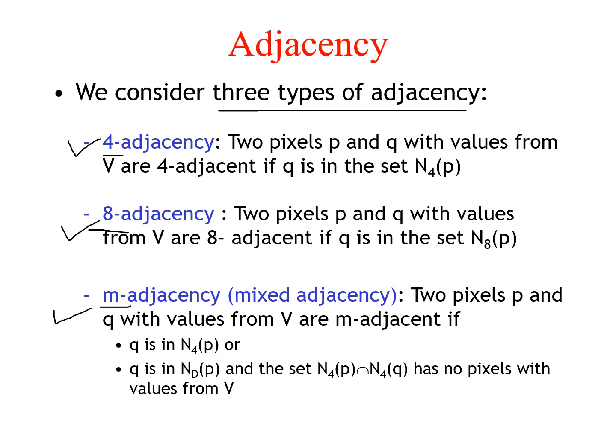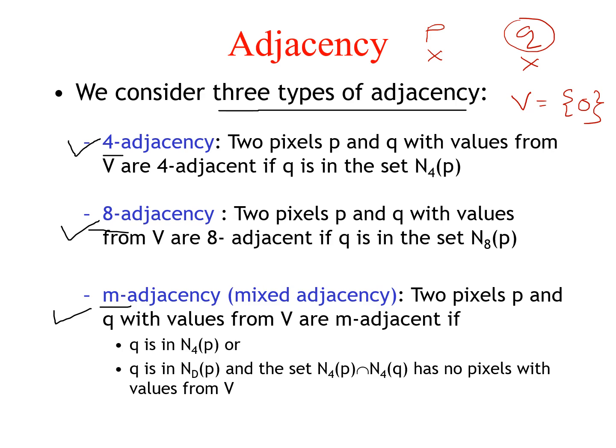Now two pixels P and Q with values from set V are adjacent if Q is in the set N4(P). Suppose V is a set of 0. What we have to check is whether Q is 4 adjacent to P or not.